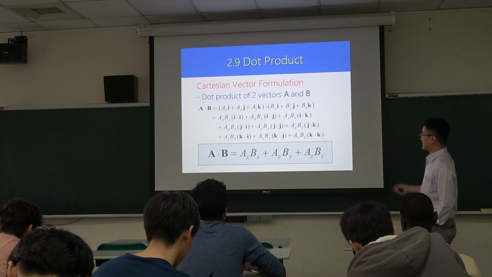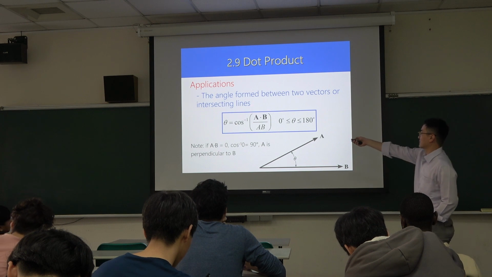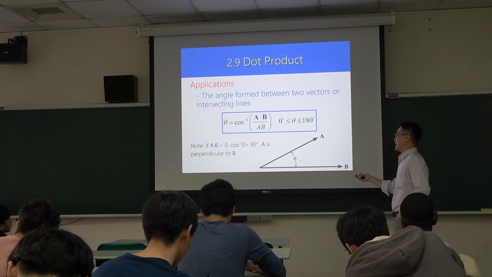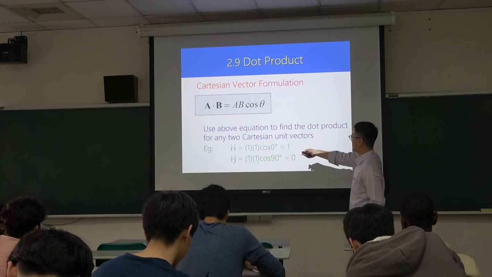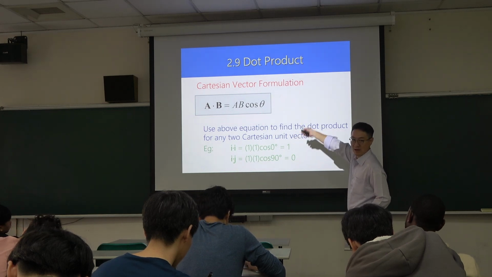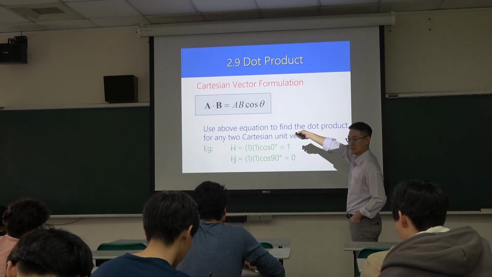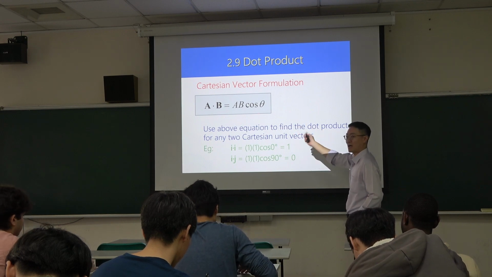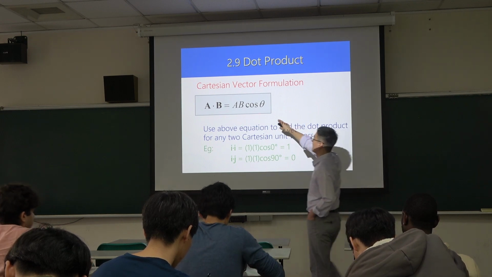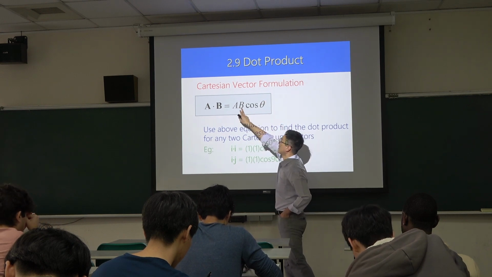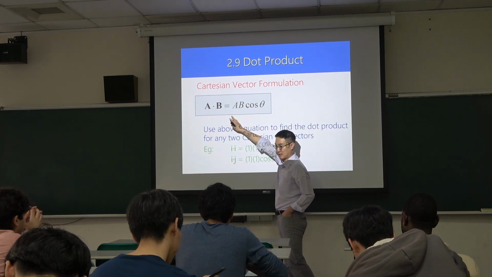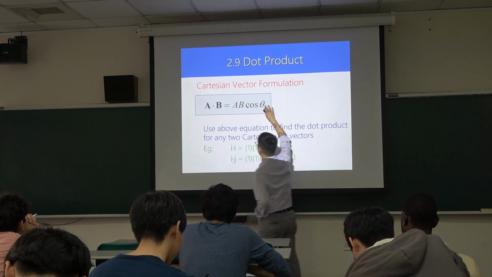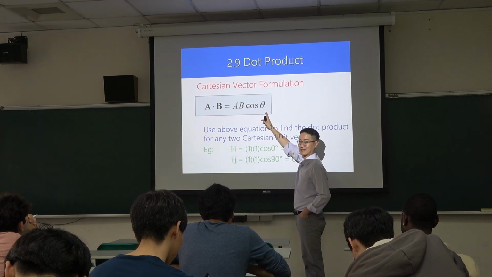Okay, so follow that product. The dot product. Remember the previous equation. Okay, the dot product is represented like this. So we can use this relationship to work out other information. For example, we already know the vectors, but we don't know theta.